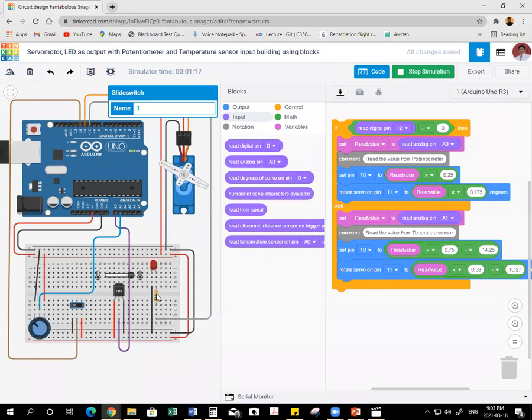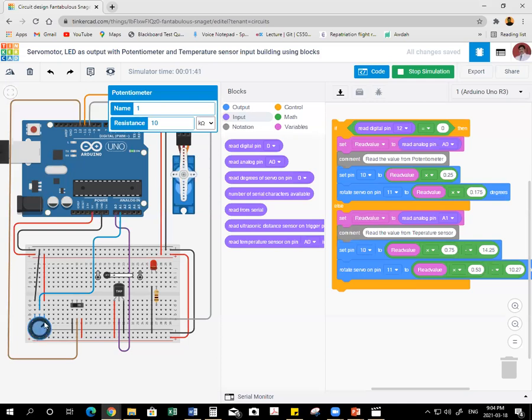Now the brightness will increase if the value is, let us take 100. Okay. Now it will decrease the brightness because we have some delay. So that's why it will take time. This one. Now if you put the switch here, now we have the potentiometer.